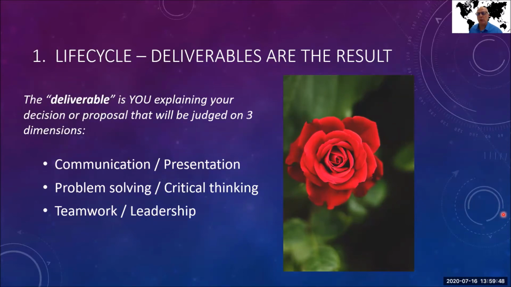So when I look at your deliverable, or when anyone looks at any of your deliverables going forward, they're probably going to be looking at some variation of these 3 categories of skills or abilities: the ability to communicate, the ability to solve problems, and the ability to work with others.